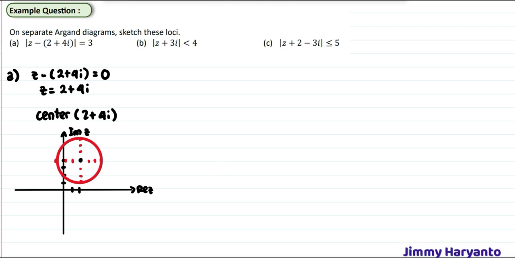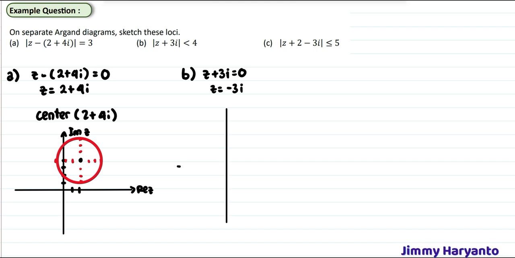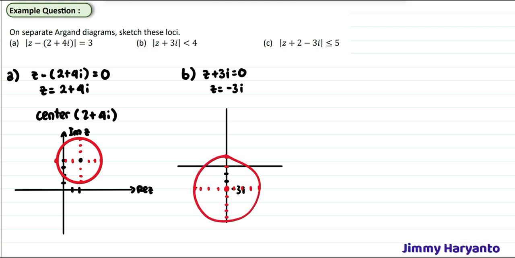Next is b. For b, we have to find the center first. So z plus 3i equals 0, that means z equals negative 3i. The center will be negative 3i, and it will be right here. This is the center, and then the radius equals 4. 1, 2, 3, 4 in each direction, just like that.